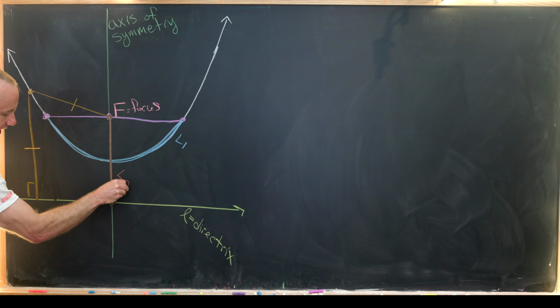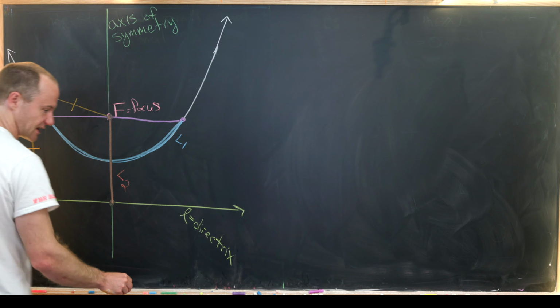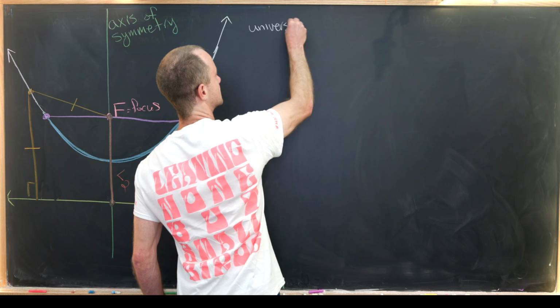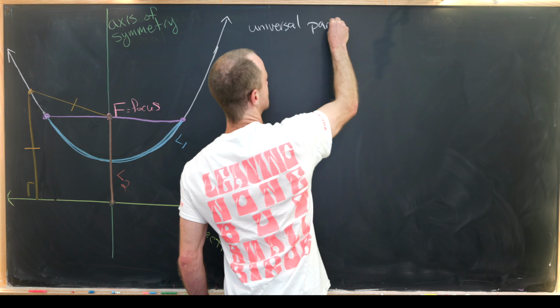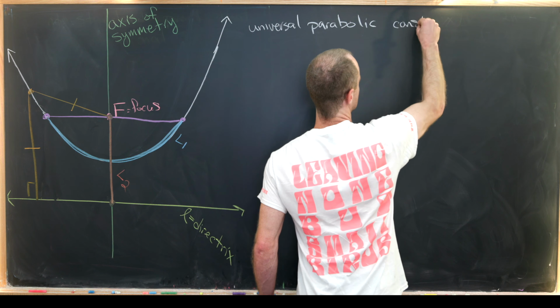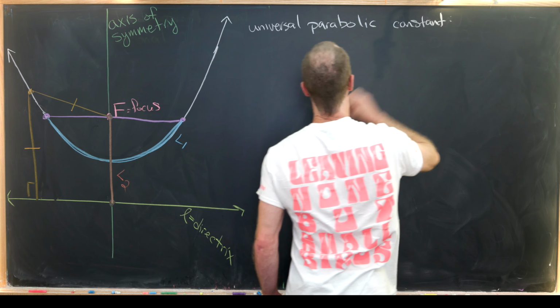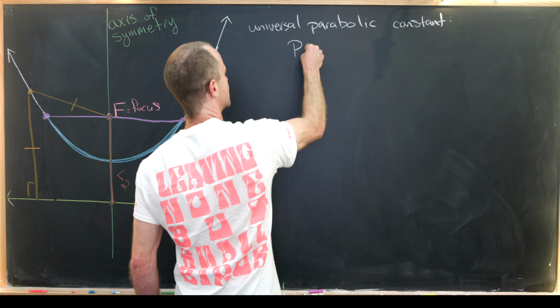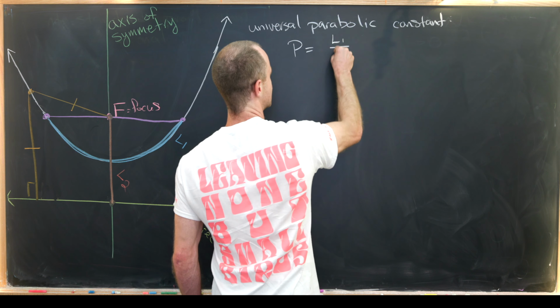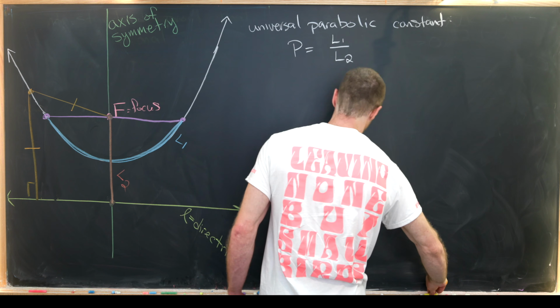I'll call that L2. So like I said, this universal parabolic constant will be equal to, well, I'll call it P. And it is this L1 divided by L2.